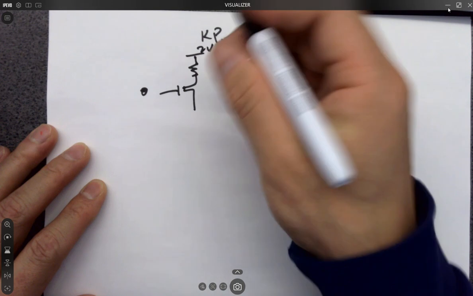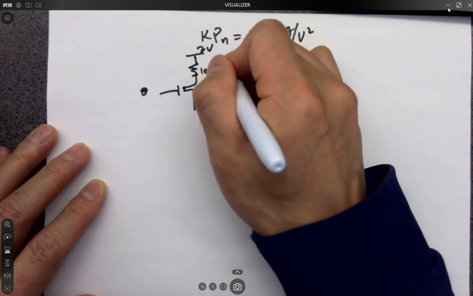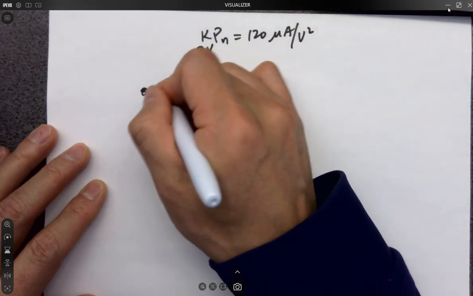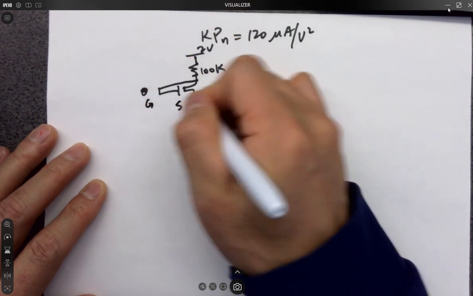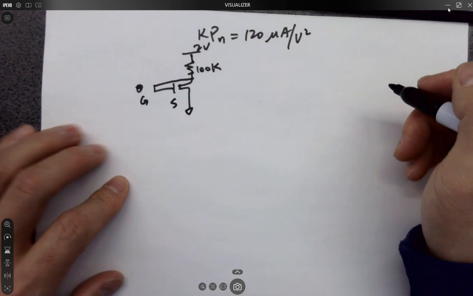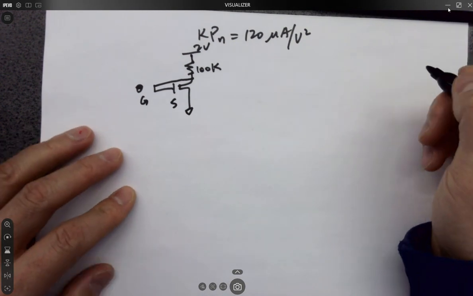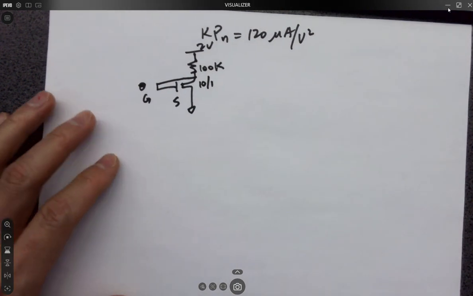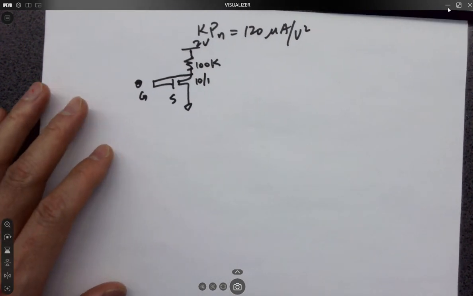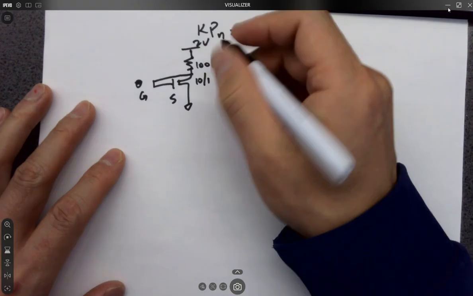Two volts here on the top as a VDD, 100K, and it's a gate drain shorted diode connection. And the ratio is 10 to 1, okay? Doesn't have a unit, it's just 10 to 1. And it's asking you to calculate the current, which is IDS here.